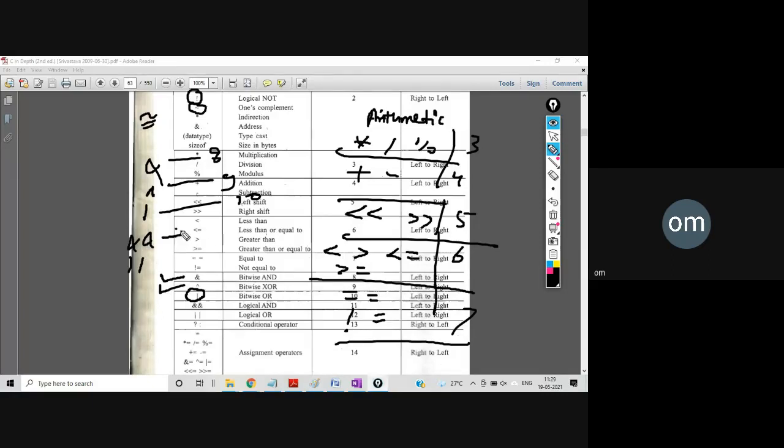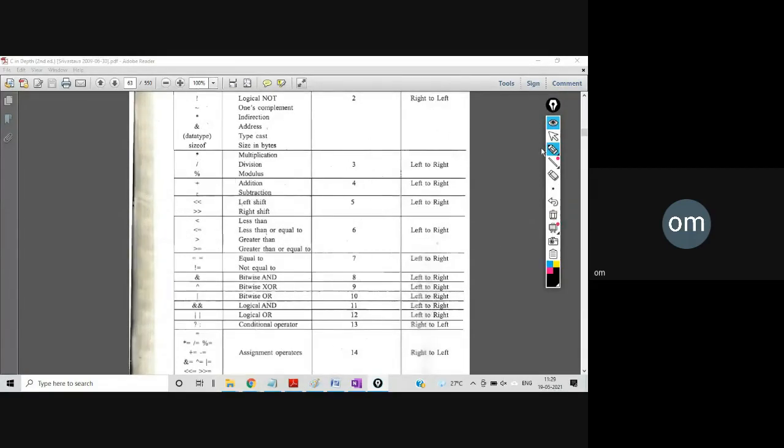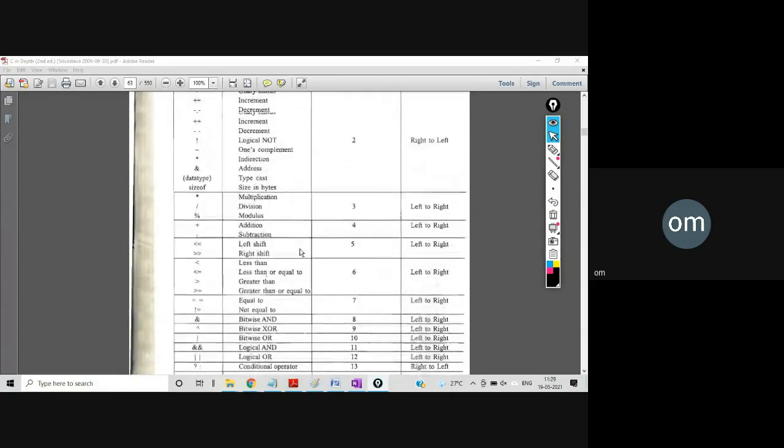I can write this AND as 11, and this OR as 12. The only thing remaining is the ternary operator, which will be at 13. And we know that the last two are the assignment operator and the comma operator. So I hope with these two statements you will be able to write this entire table.